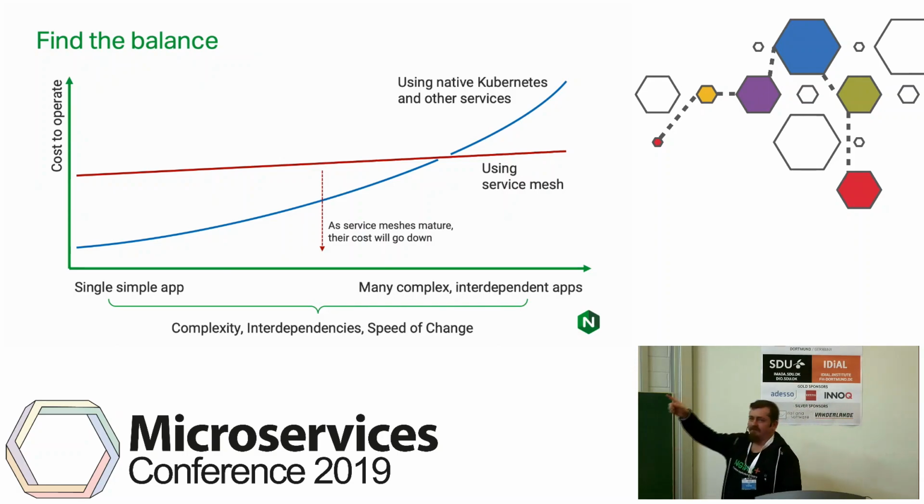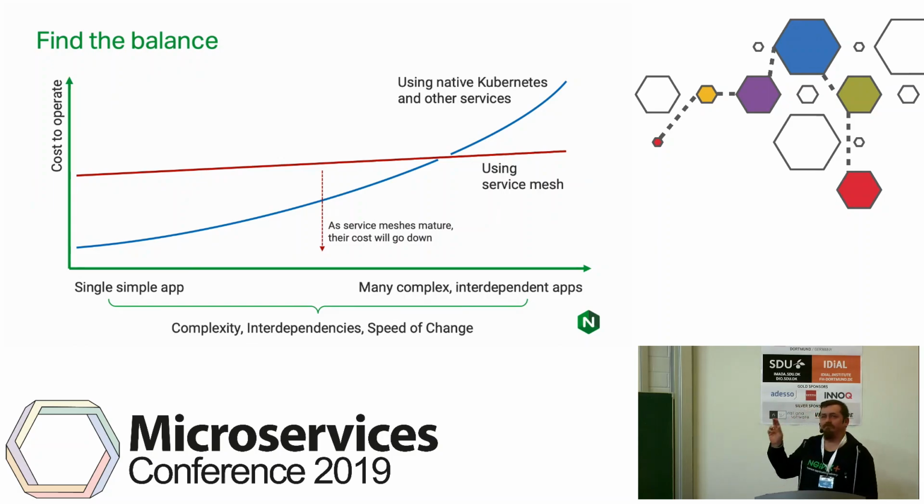The further you are to the left, the less benefit you're going to see of a service mesh in terms of cost. The further you are to the right, that becomes inverse, because the cost of maintaining that with traditional orchestrations like Kubernetes or Swarm or Mesosphere or anything like that, rises, while the cost of implementing service mesh is relatively flat in curve.